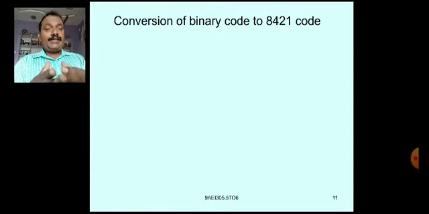The procedure is first convert that binary number into a decimal number. Then from the decimal, you convert that into BCD code by taking each digit of the decimal number and writing its equivalent BCD code.